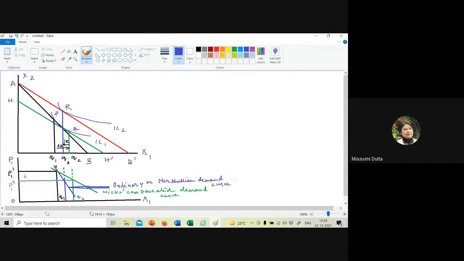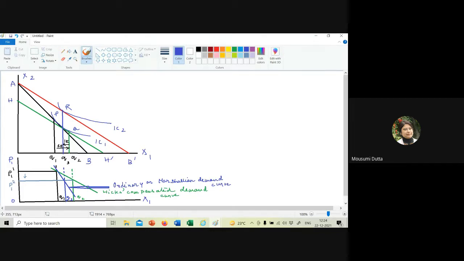So this is Q3, the total effect of relative price change.